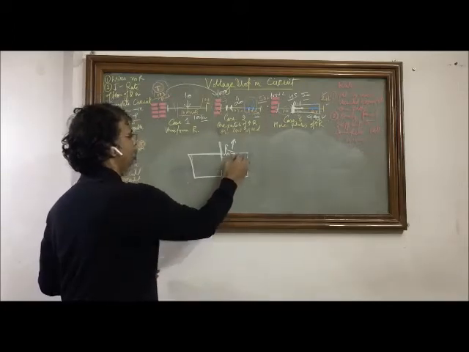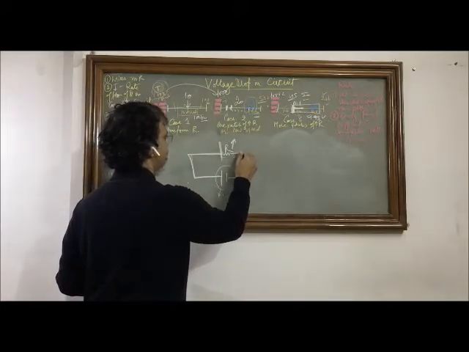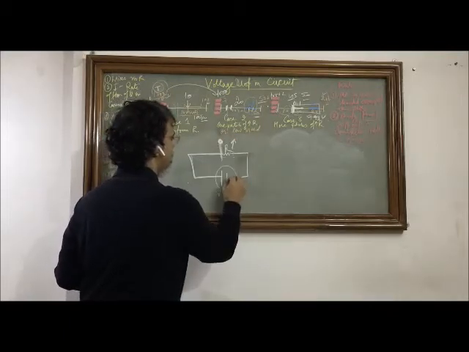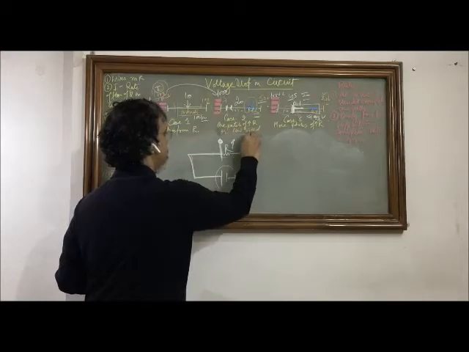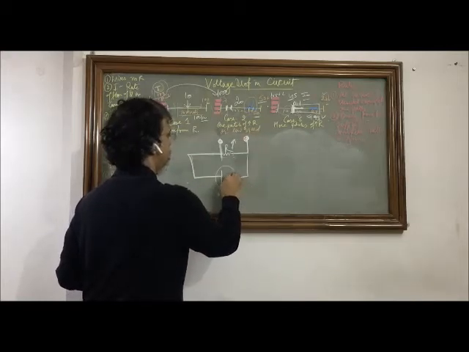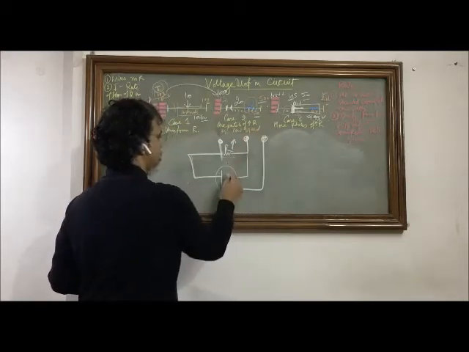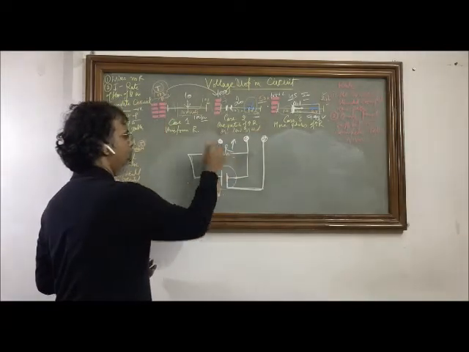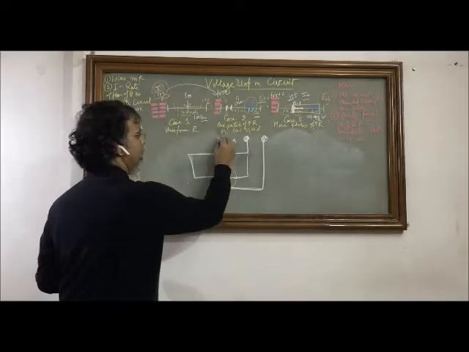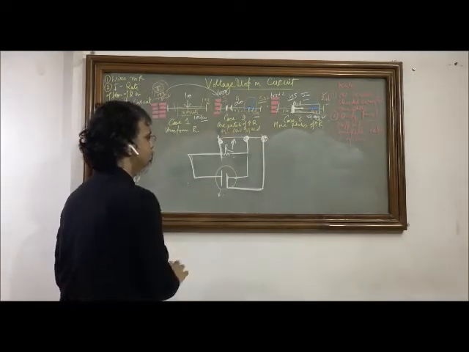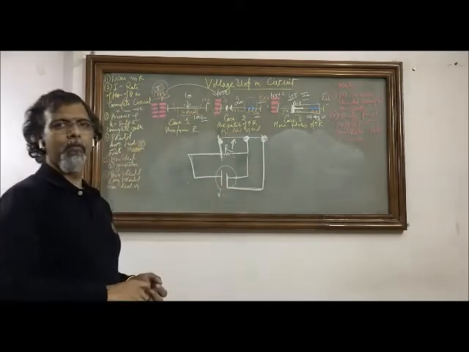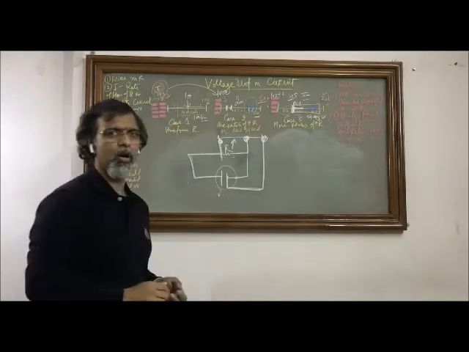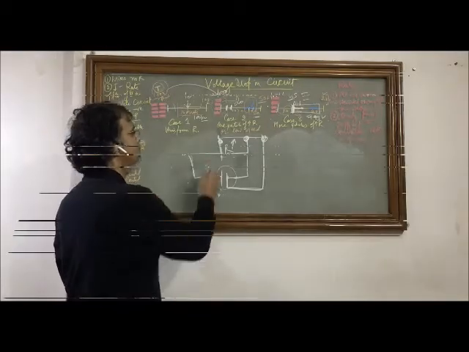So if we have a voltmeter, or a system by which we measure the potential difference between this point and now any point, let's say this point, that is the lowest potential, and the potential point before the resistance, we will practically find that this is almost equivalent to the energy which is available with this battery, because no loss or very negligible loss of energy has occurred yet, and most of the energy is still available.